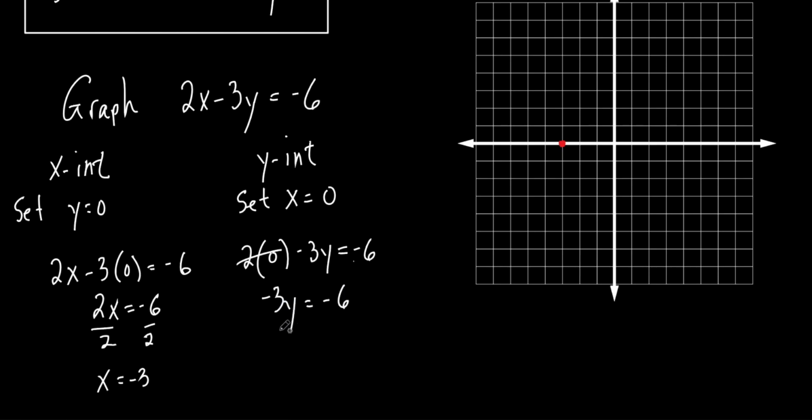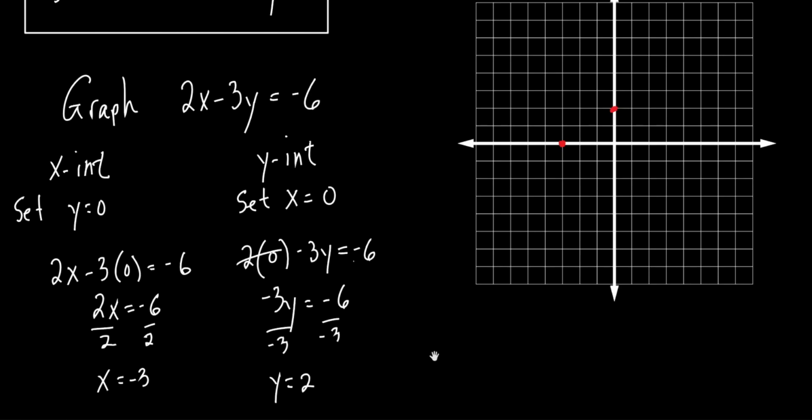How do I solve for y? Divide by negative 3. Okay, remember it's a negative, not just a 3. y equals negative 6 over negative 3, which is 2. So what do we do? I'm going to change colors here. Yeah, so that's the y-intercept. So we come up to the y-axis and we put a point right there.